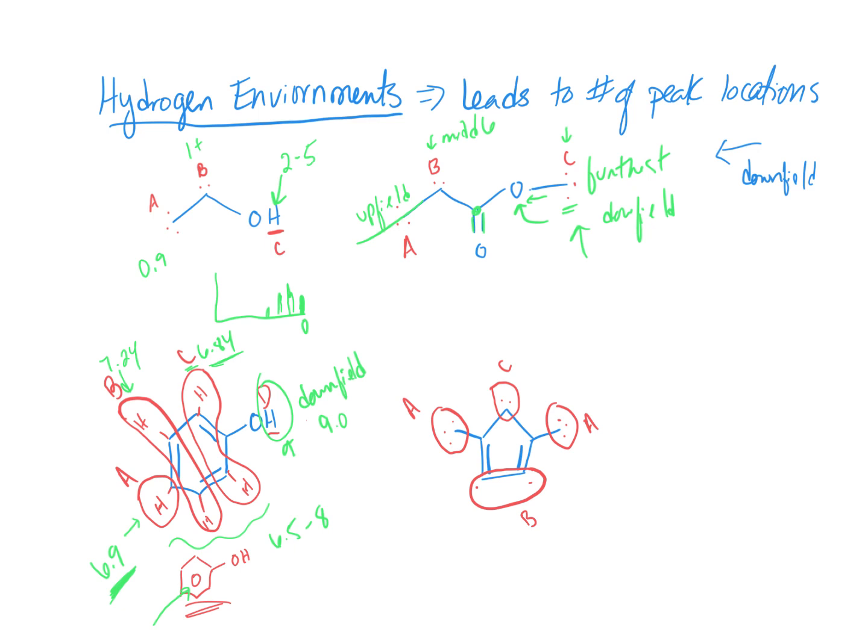Okay. In this last example, we're going to have 3 different peak locations. They are all going to be relatively upfield. Vinylic hydrogens, so hydrogens that are directly attached to a double bond like we have in B, are going to come in at a higher location.